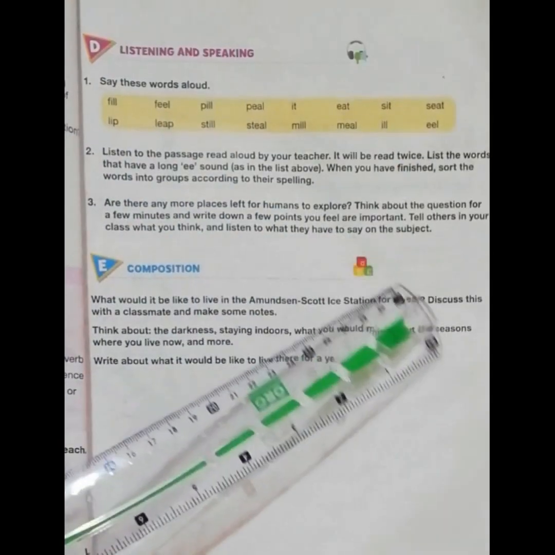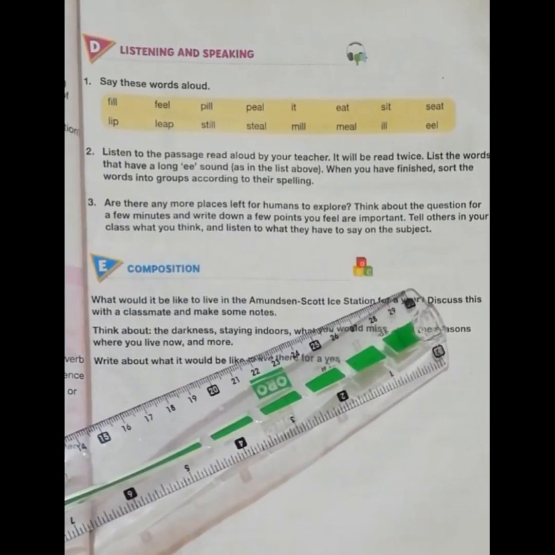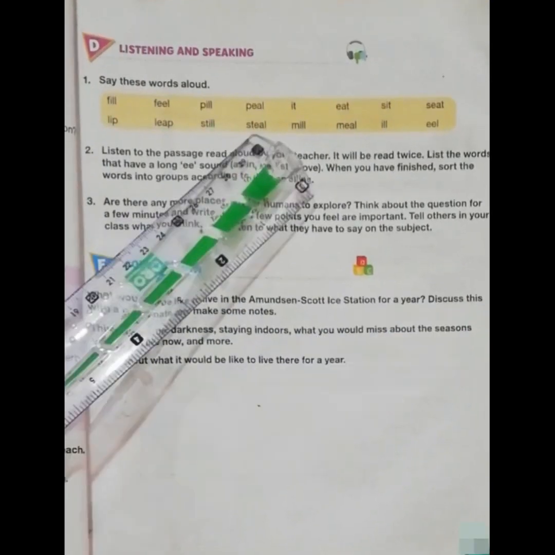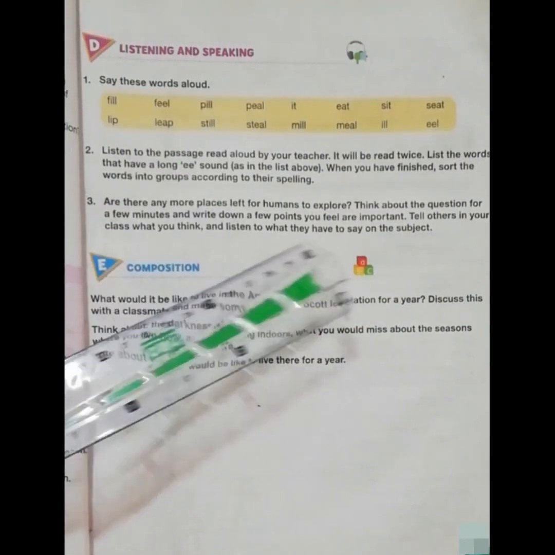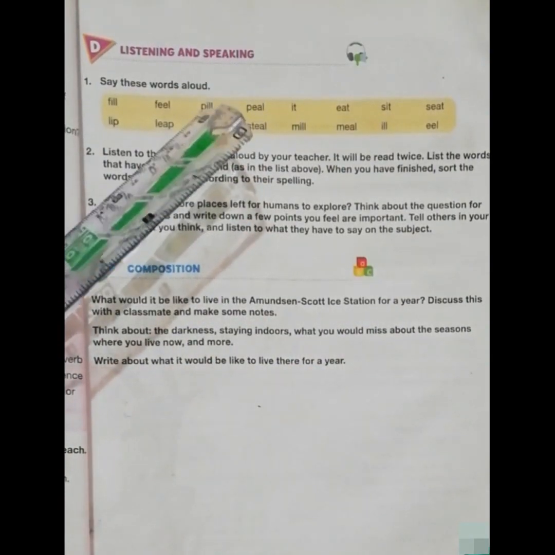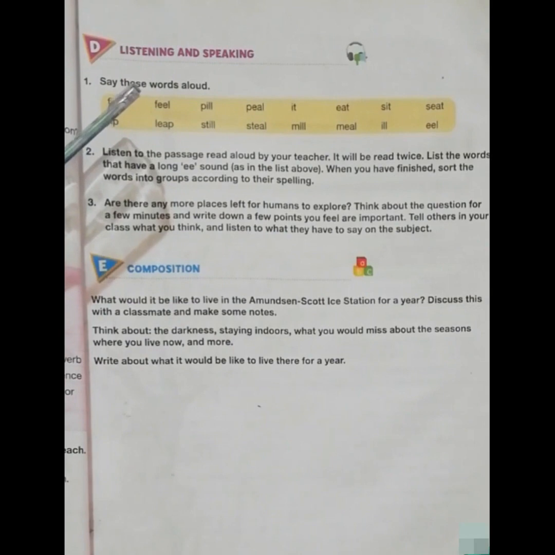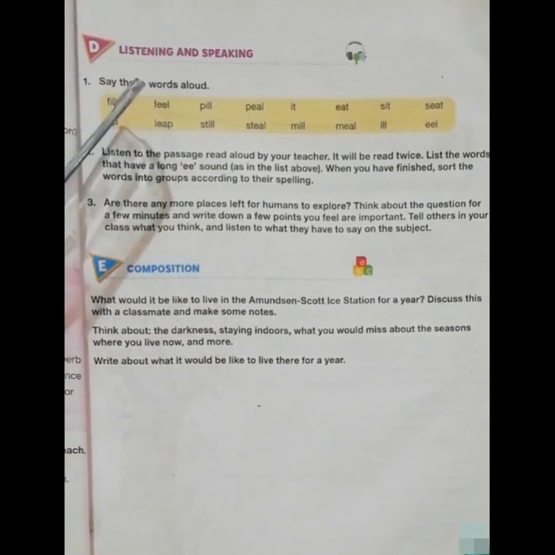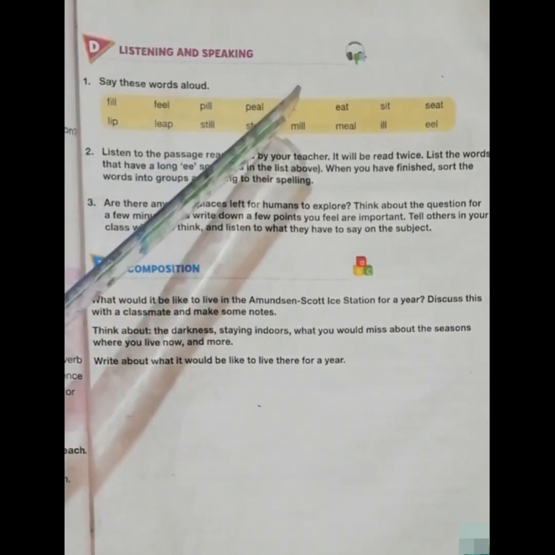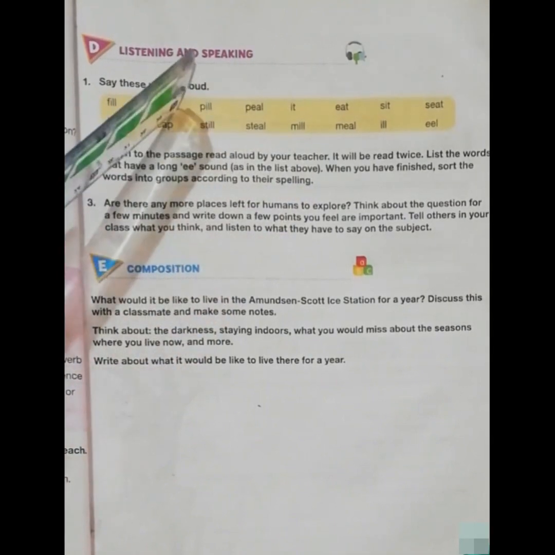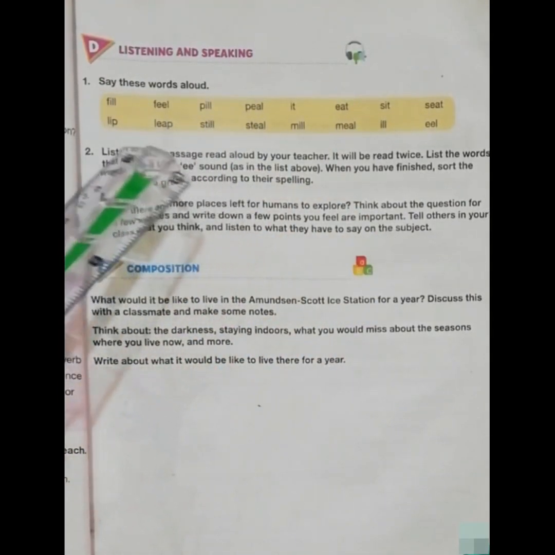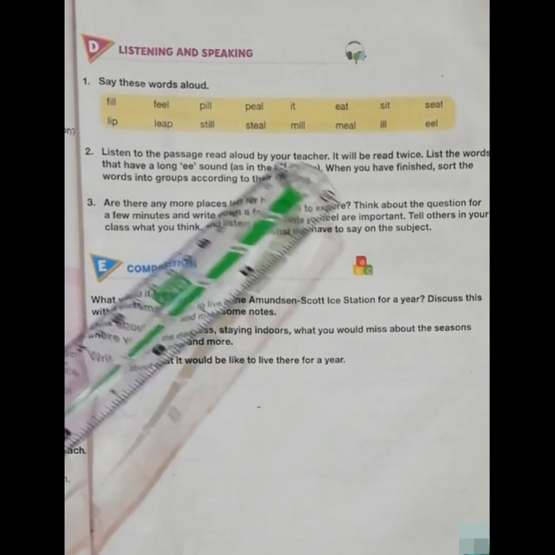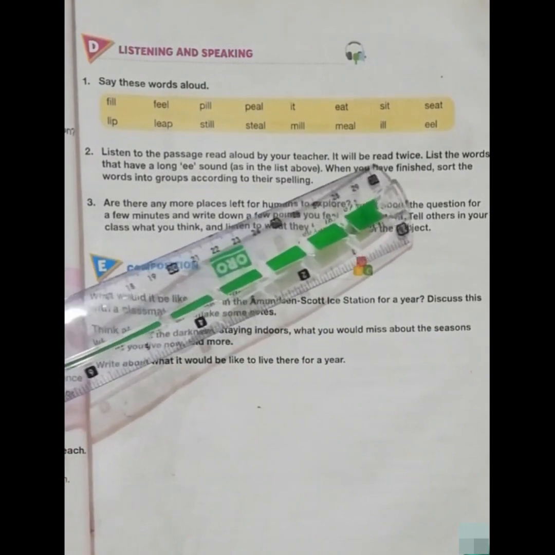Fill and feel, pill and peel, it and eat, sit and seat, lip and leap, still and steal, mill and meal, ill and eel. So you may notice that with the difference of a single letter like I and E, the pronunciation and the meaning of the word gets totally changed.